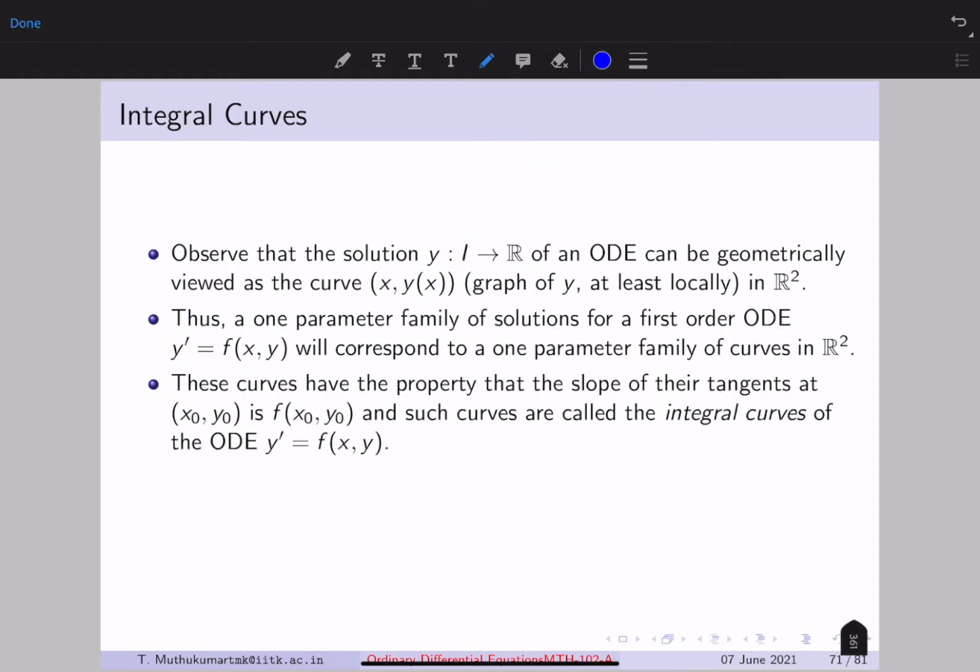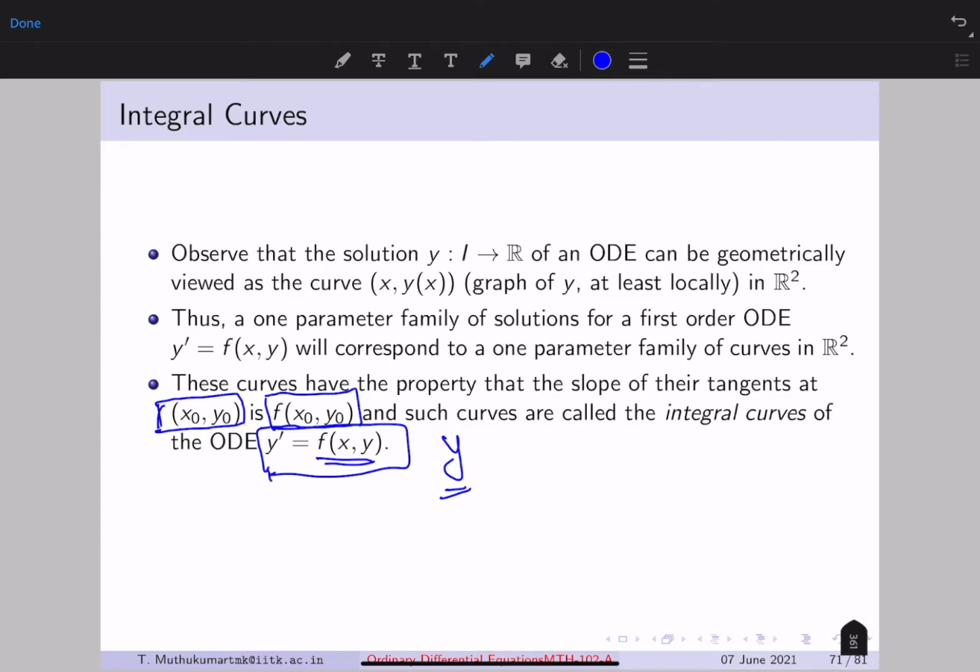Okay, so what we are looking for when we say we are looking for a solution of this ODE is a y. And what is that y? The y has this property that its tangents are nothing but f of x, y. So at every point x, y, or in other words, at every point x0, y0, the unknown curve y has its tangent, the slope of the tangent, equal to f of x0, y0.